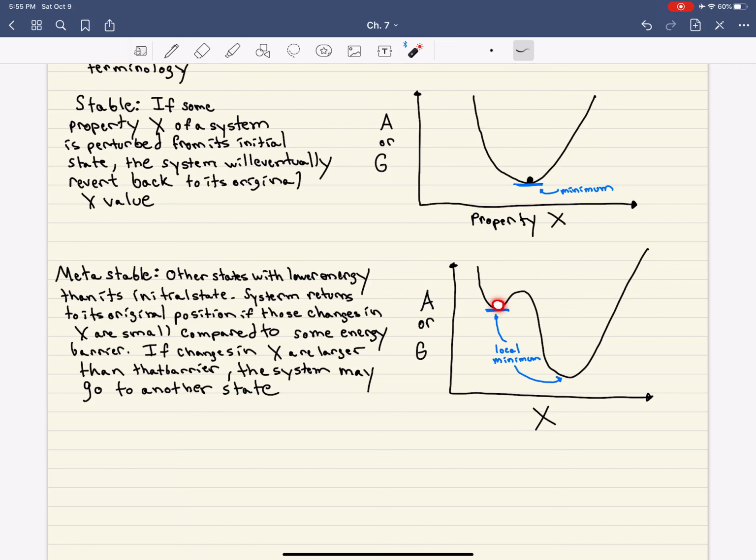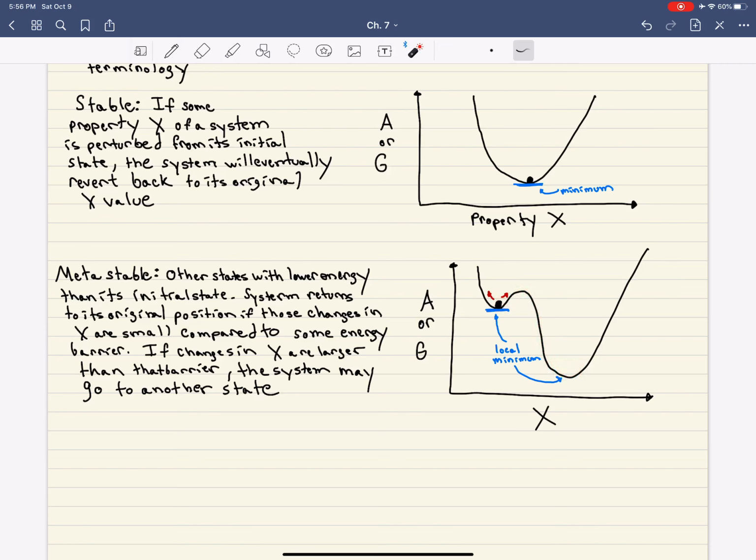But then let's say we perturb the system somehow to change x. Okay? And so if the perturbations are small, if we change x only a little bit, the system will go up here, but it will eventually just return back to its initial state. But if we change x a lot and perturb it a lot, this ball here would get knocked into a completely new state here.